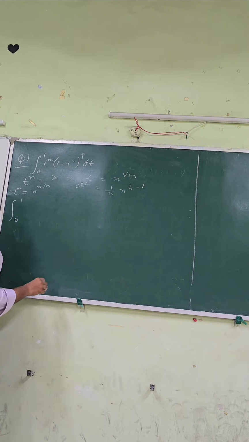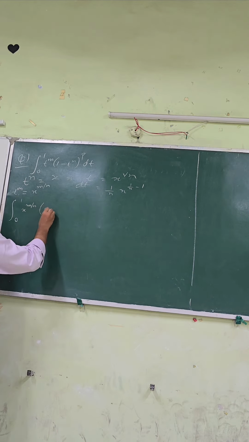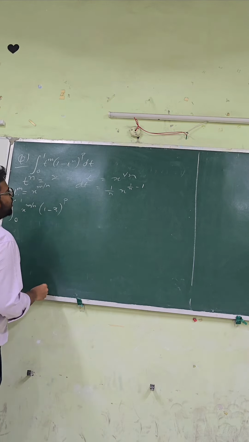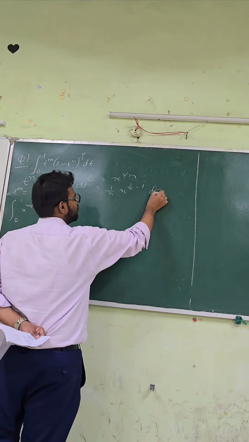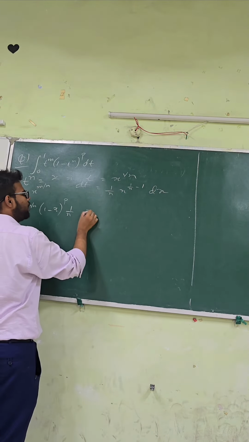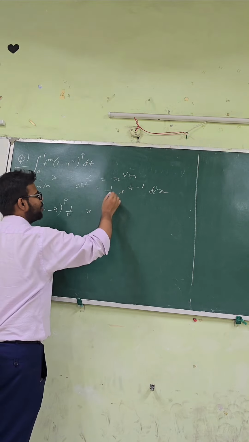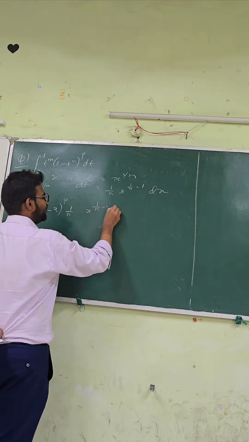So the integral from 0 to 1 of x to the power m by n, times the quantity 1 minus x to the power p, times 1 by n into x to the power 1 by n minus 1 dx.